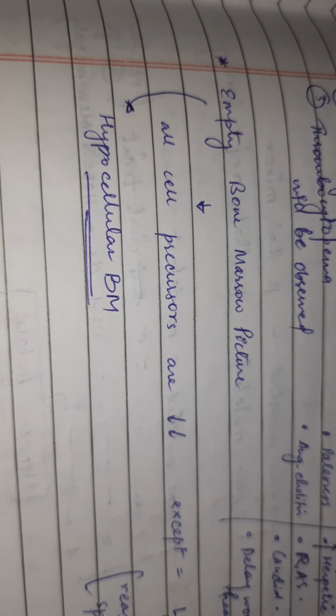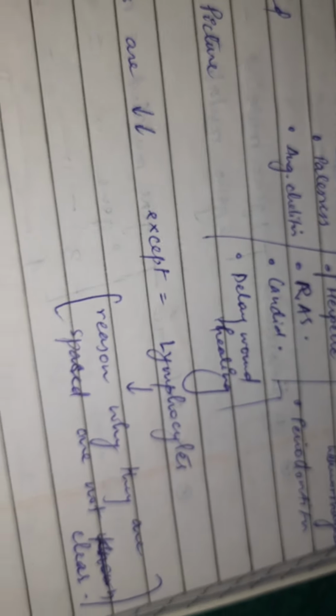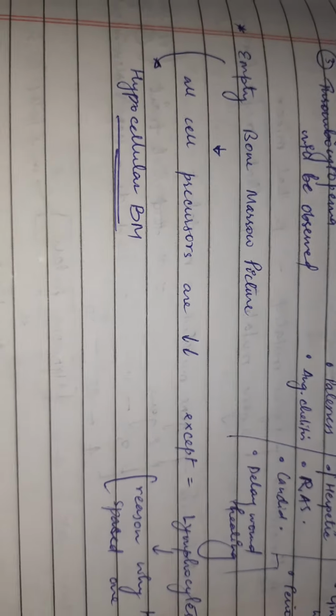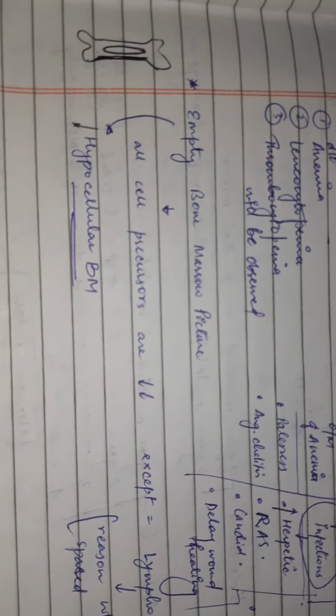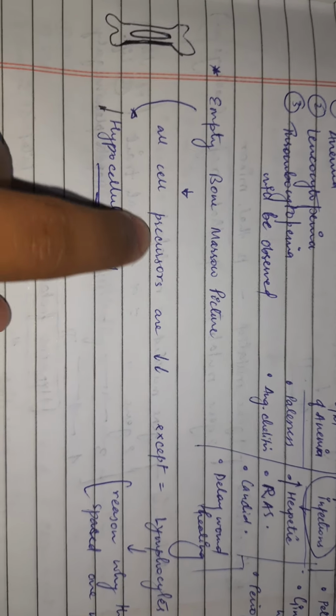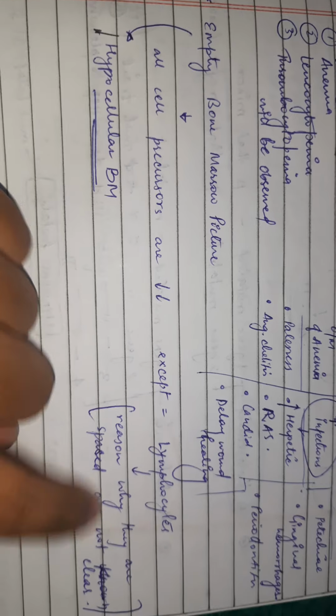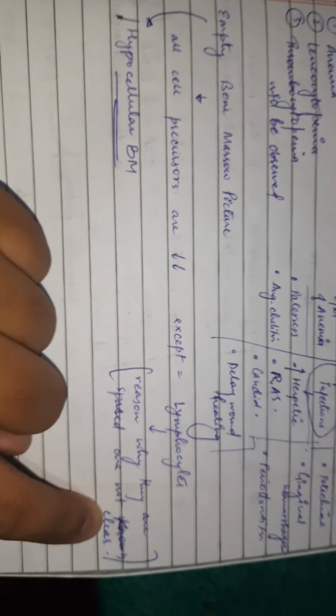Now, the empty bone marrow picture: all cell precursors are decreased except lymphocytes. The reason why these are spared is not clear.